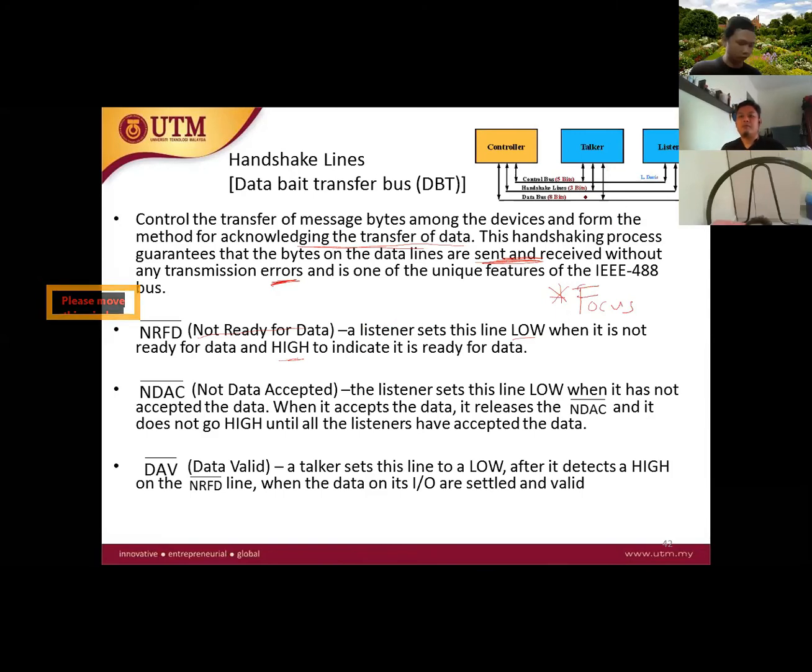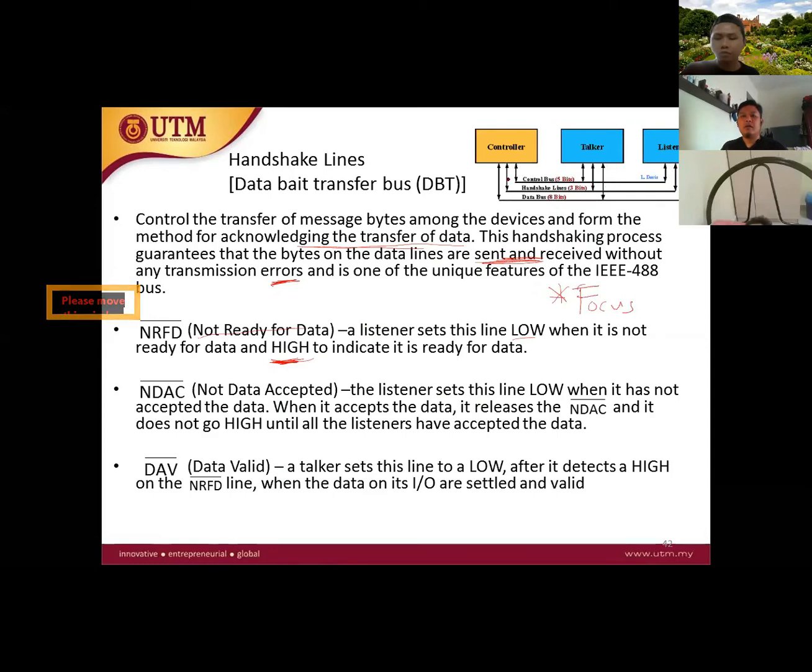Maybe, for example, at one point the listener is doing some other task, like a conversion, so it is not ready to receive any data and it sends low. When it is ready, it will send high for data ready, and then the controller will set high.